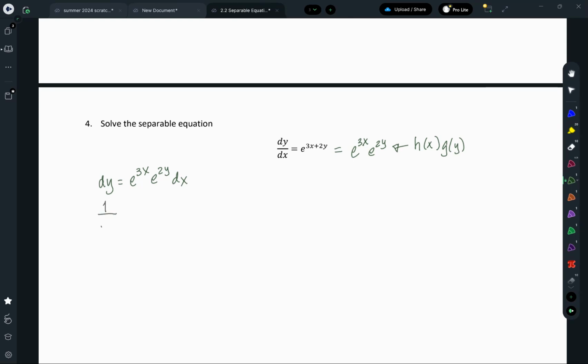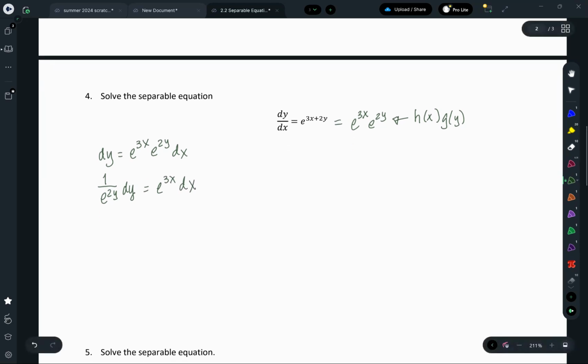I get 1 over e to the 2y dy is equal to e to the 3x dx. And now, one last thing before I go ahead and put some integral symbols on there, is that 1 over e to the 2y can be rewritten as e to the minus 2y dy. And that's equal to e to the 3x dx.